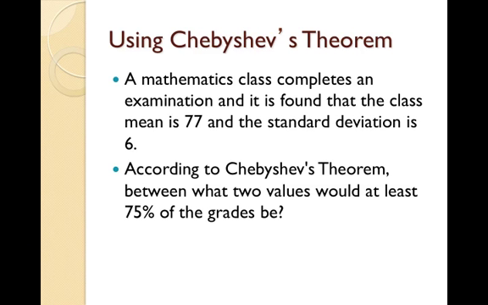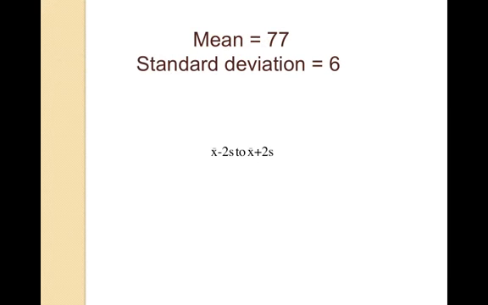A mathematics class completes an examination, and it is found that the class mean is 77 and the standard deviation is 6. According to Chebyshev's theorem, between what 2 values would at least 75% of the grades be? Well, we know 75% of the grades was related to 2 standard deviations below the mean and 2 standard deviations above the mean.